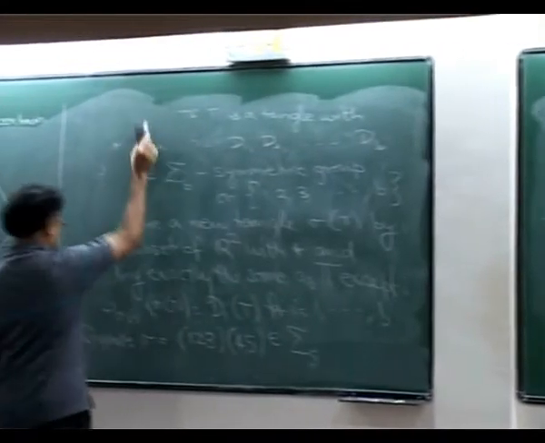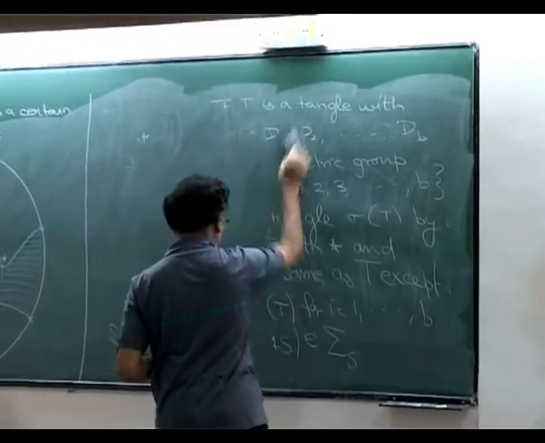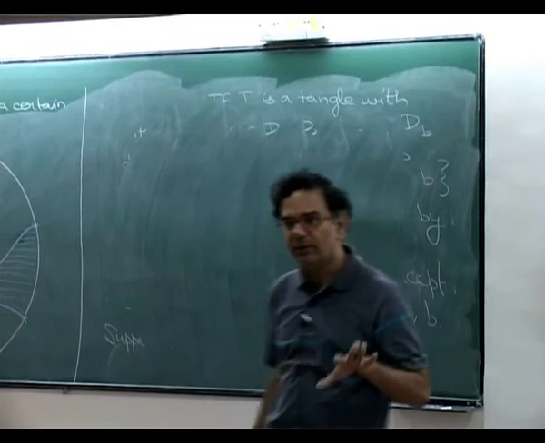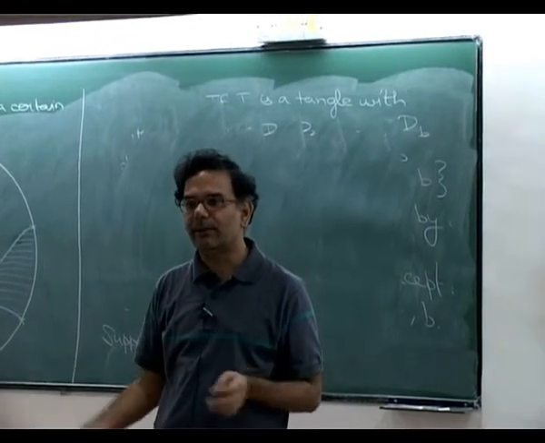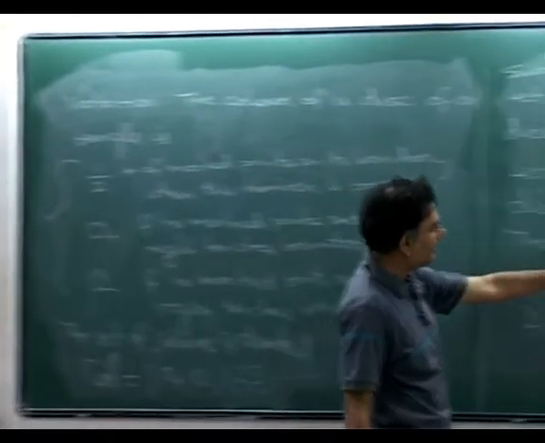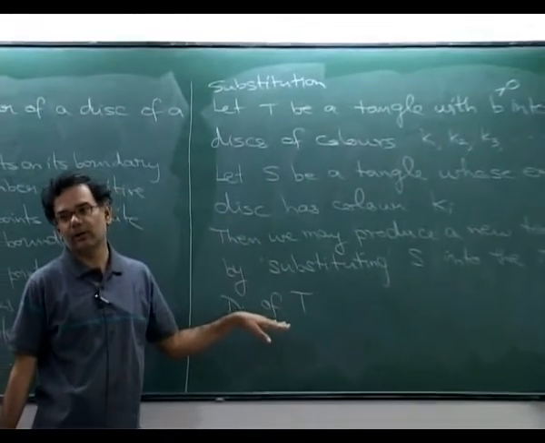If it is more than one i, then you will choose by some method. If there's more than one i, there's more than one possibility for the answer, right? So substituting S into the ith disk of T, the answer will depend on which i you take. If i exceeds B?